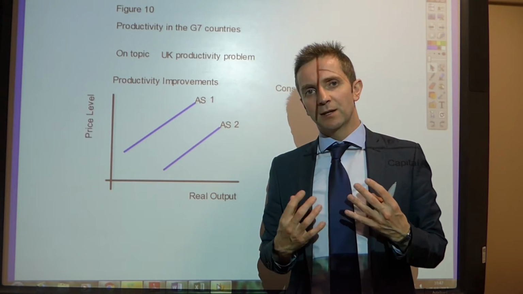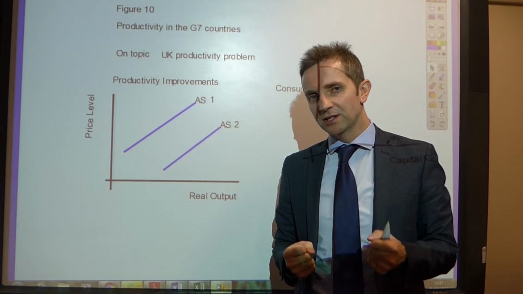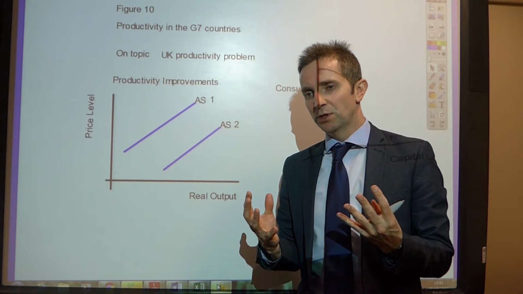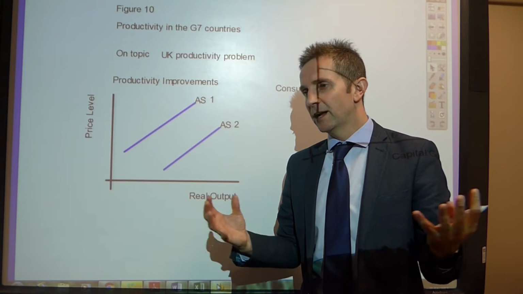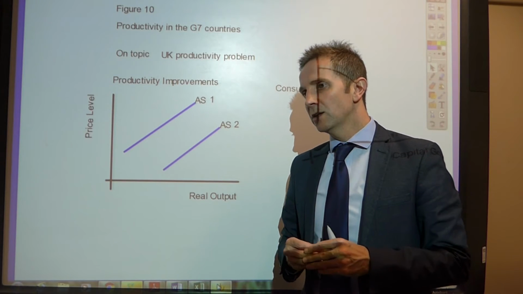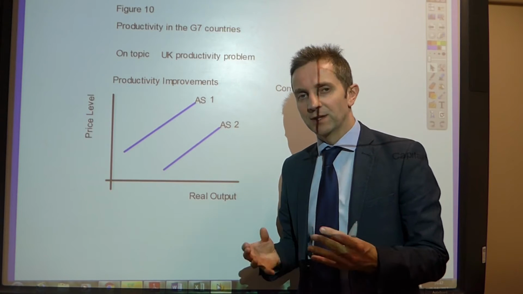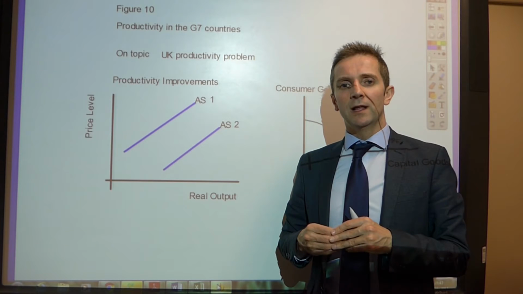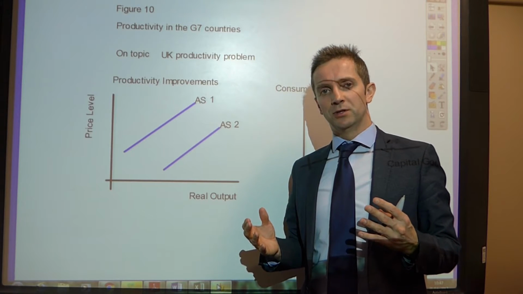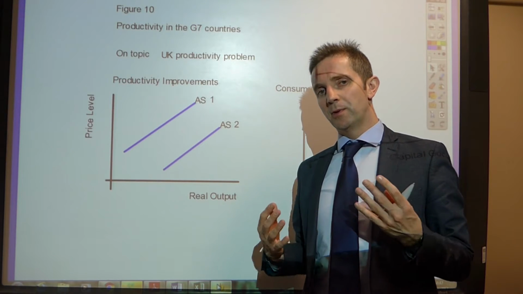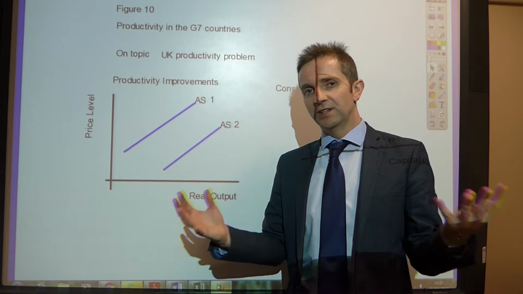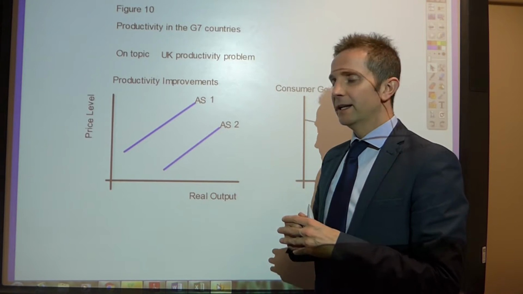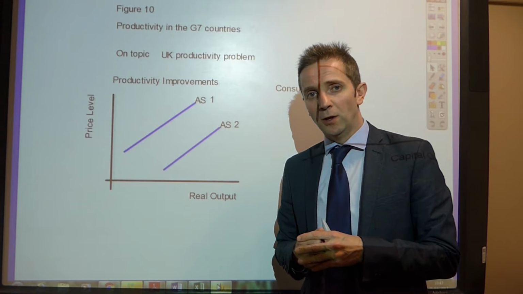If an economy can bring about improvements in its productivity, in other words, you get your resources to produce more in their 9-to-5 day than they did the week previously, that's basically what productivity improvements are. Now, what will that do? That will lower your costs of production because you're able to produce more with the same amount of resources, land, labour, capital, enterprise, and hence your costs of production fall.